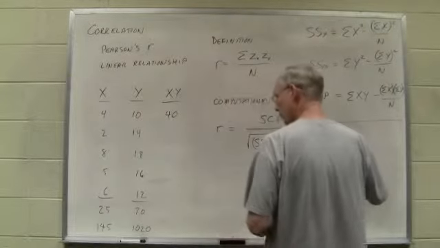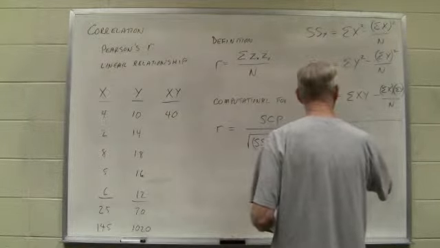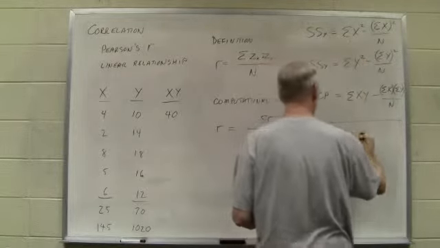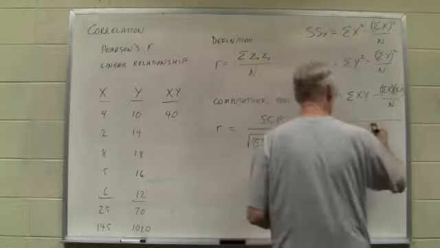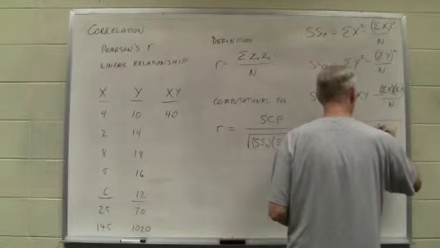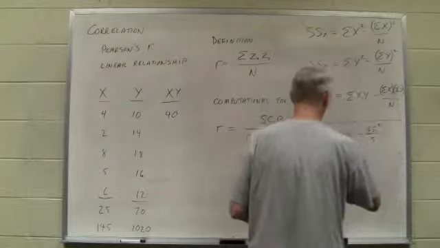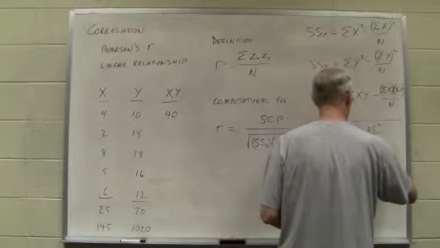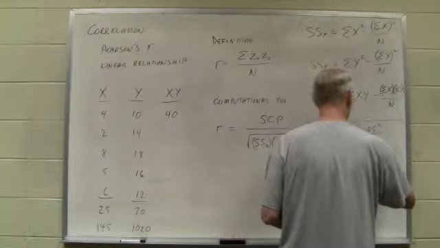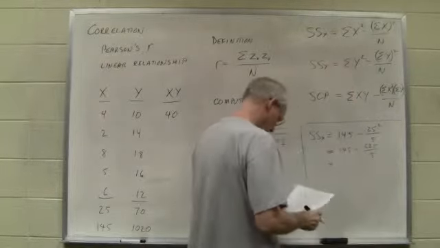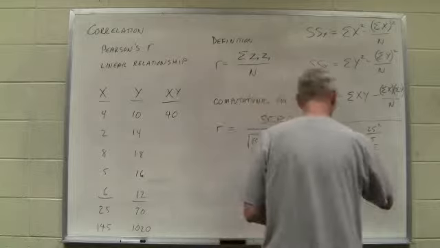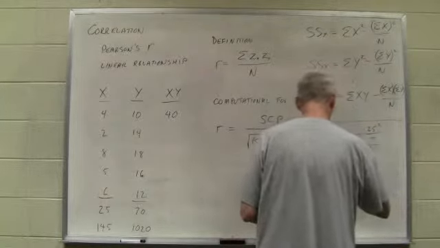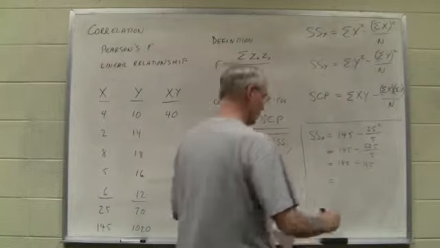Sum of squares of x's, that's going to be the sum of all the x's squared, that's 145, minus the quantity, the sum of all the x's, the quantity squared, that's 25 squared over 5. 145 minus 625 over 5, that comes out to be 145 minus 125, which comes out to be 20.